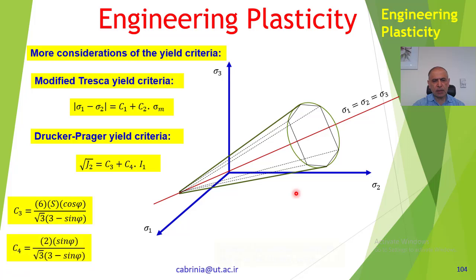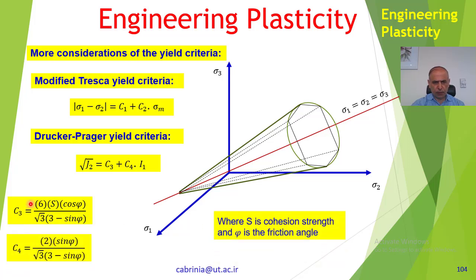And the constants are like this. For the Drucker-Prager yield criteria, C3 is equal to 6 times S cos phi divided by root 3 times 3 minus sine phi. What are these S and phi? S is called the cohesion strength, and phi is the friction angle.